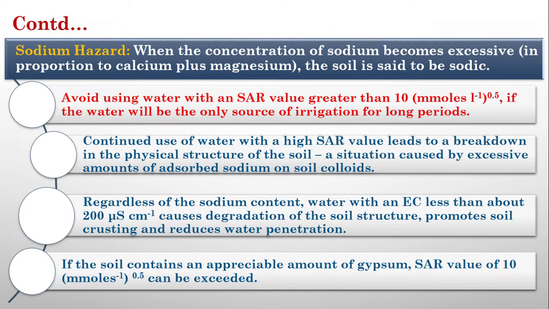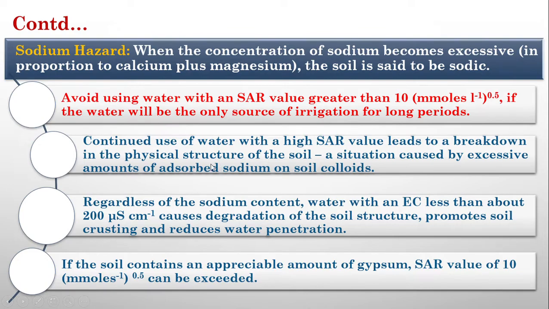When the sodium adsorption ratio value is greater than 10 millimoles per liter raised to 1/2, then if the water will be the only source of irrigation for long periods, we have to avoid it. So this is the unit of SAR. When it is greater than 10, we have to avoid the use of that kind of water for a long period of time.